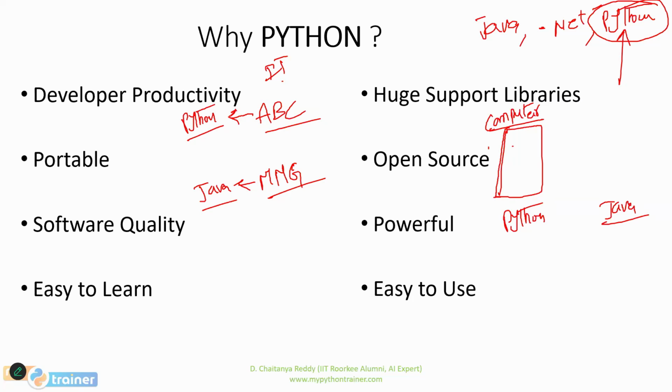Since ABC company decided to build this web application for me in Python, they estimated 6 months for building the entire application, testing, and everything, and handing it over to me for usage. Six months they need, with, let us say, 10 developers plus 3 testers, a total of 13 members.